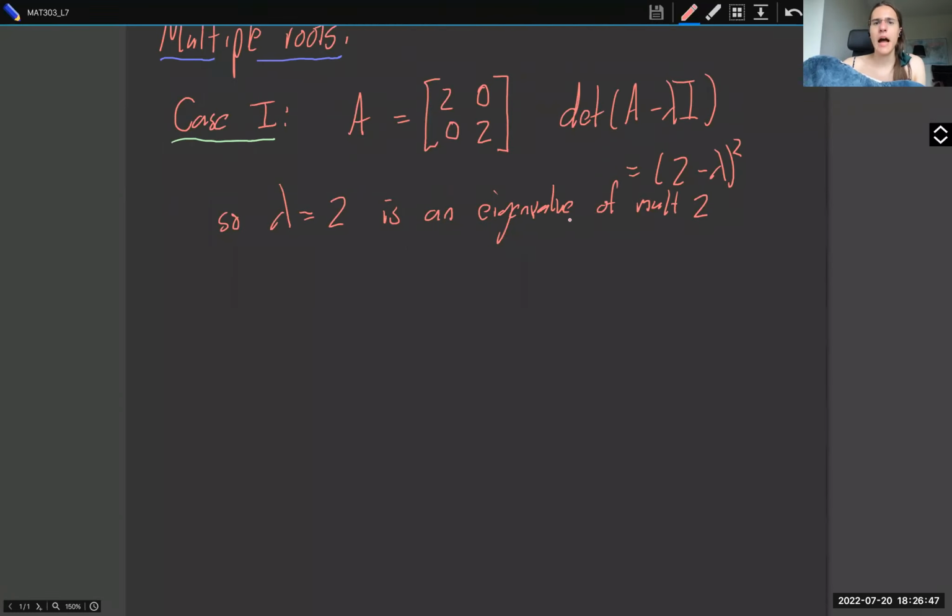Now, is there a preferred basis for this space? What do you think that if we plot this, the solutions are going to look like?